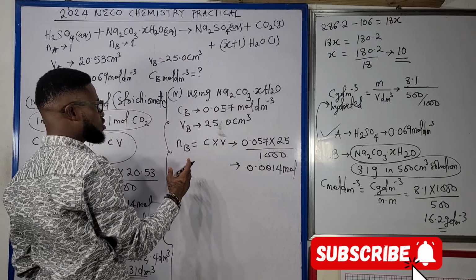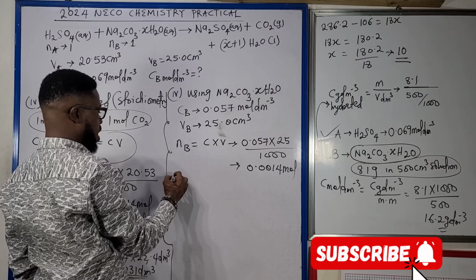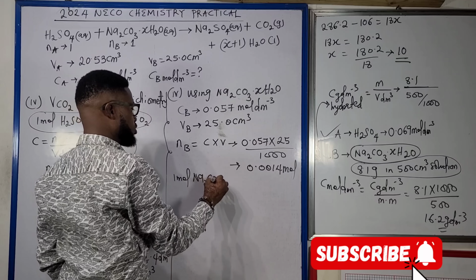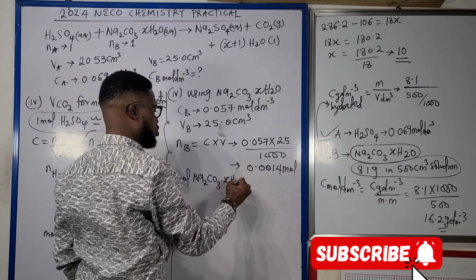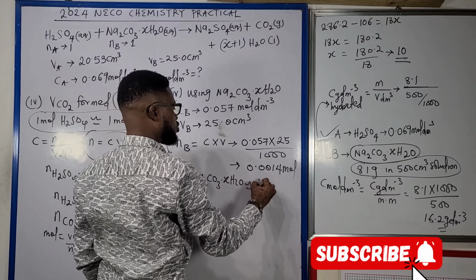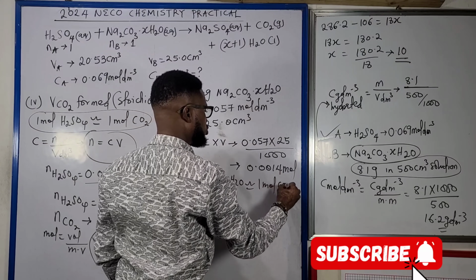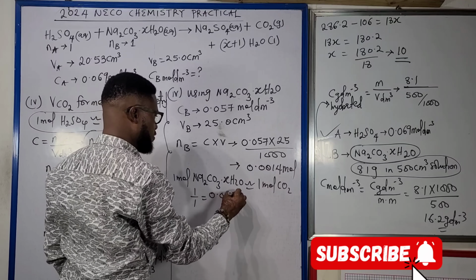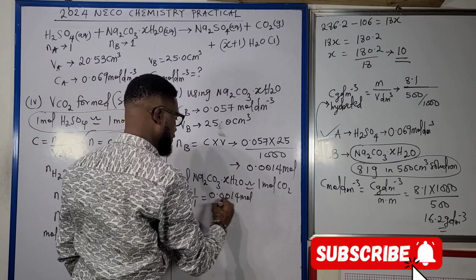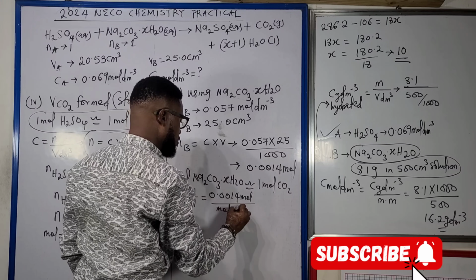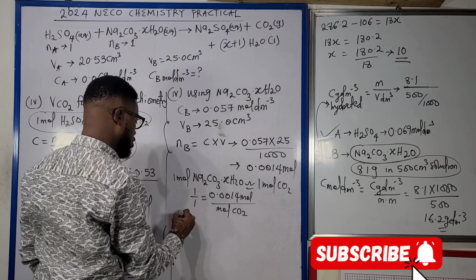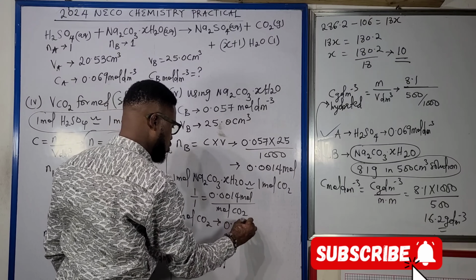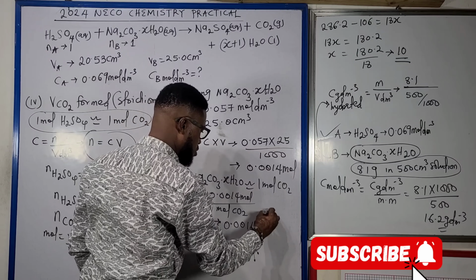So the implication of that is, if you say 1 mole of Na2CO3.xH2O is stoichiometrically equivalent to 1 mole of CO2, 1 over 1 equals 0.0014 mole divided by mole of CO2, and therefore mole of CO2 will be 0.0014 mole.